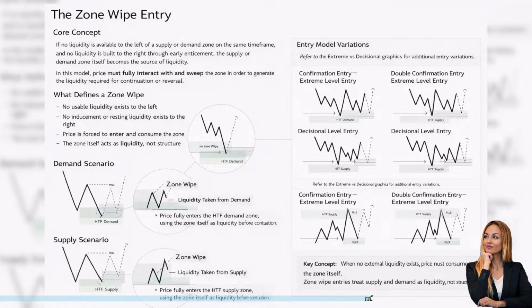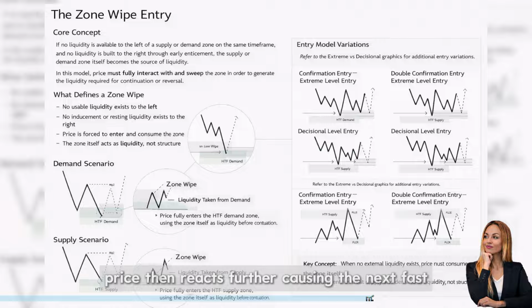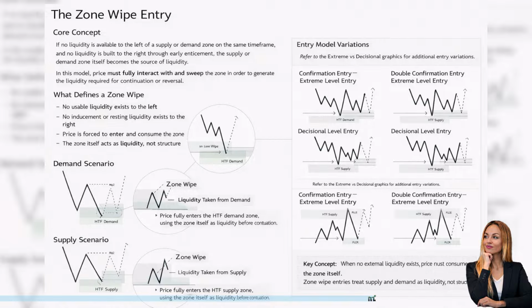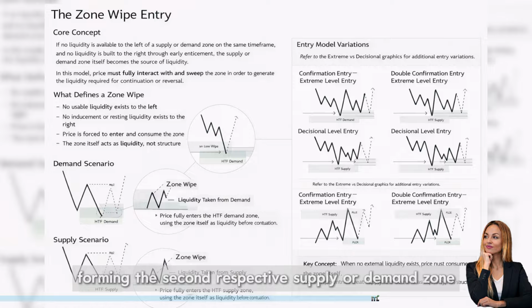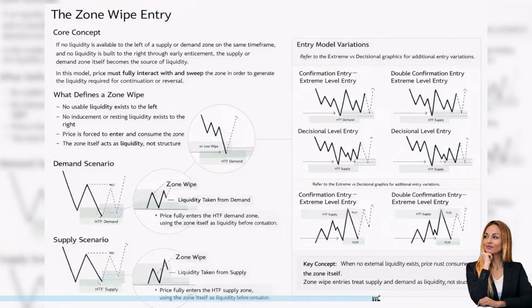Number 3, price then reacts, further causing the next last lower time frame supply or demand point to fail, forming the second respected supply or demand zone.